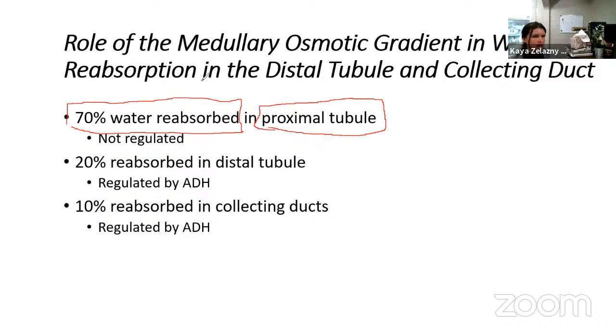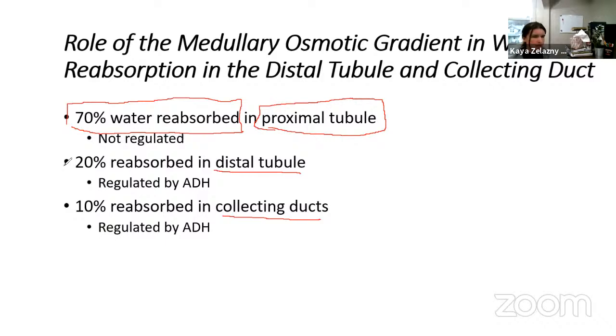And that medullary osmotic gradient is important for water reabsorption, but the place where we actually have the water flowing into the blood substantially is in the distal tubule and in the collecting duct rather than in the loop itself. So the loop is setting things up for reabsorption, but it's not a significant site of reabsorption itself. So that's why the loop of Henle isn't on this list of where water is being reabsorbed.